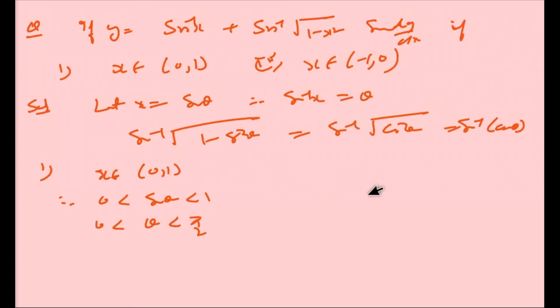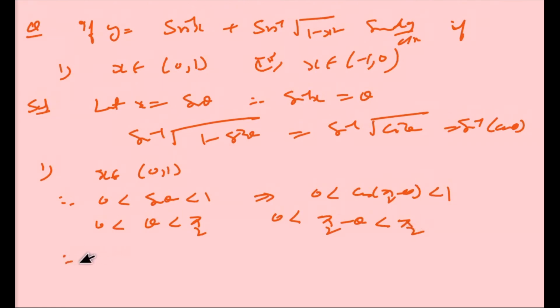And for cos theta we can say 0 less than cos, we can write this as 0 less than cos of (pi by 2 minus theta) less than 1. So we can use here 0 less than pi by 2 minus theta less than pi by 2.